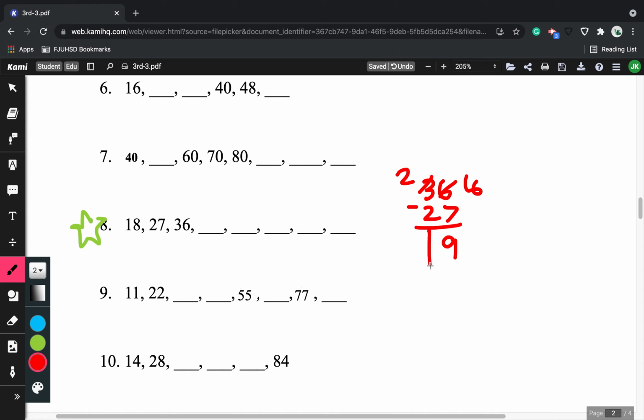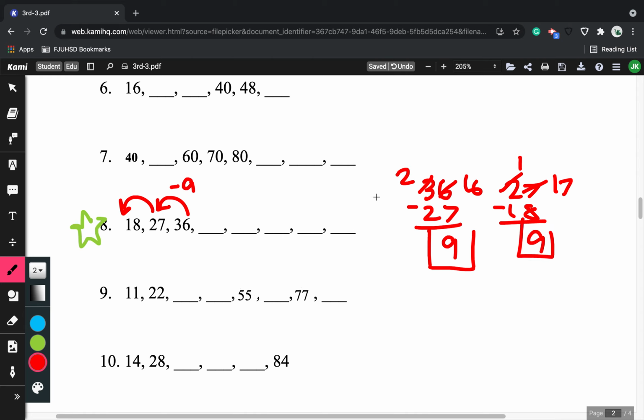if it's this, that means you said this is minus 9. Therefore, 27 minus 18, which is also 9, that means 27 minus 9 is 18.